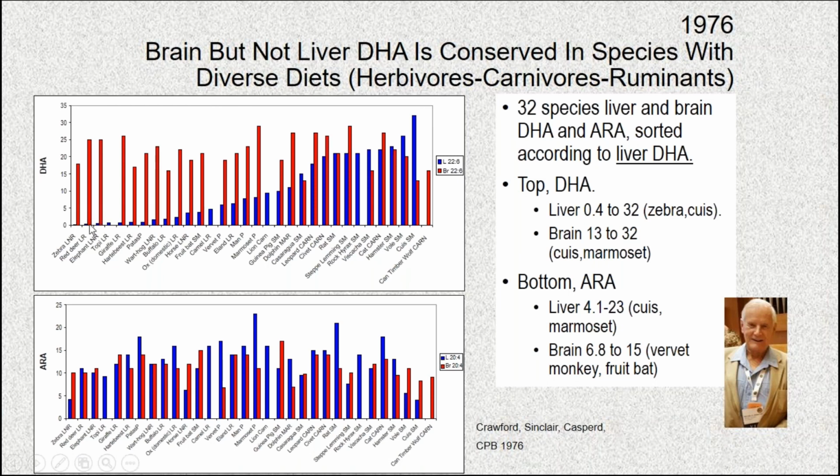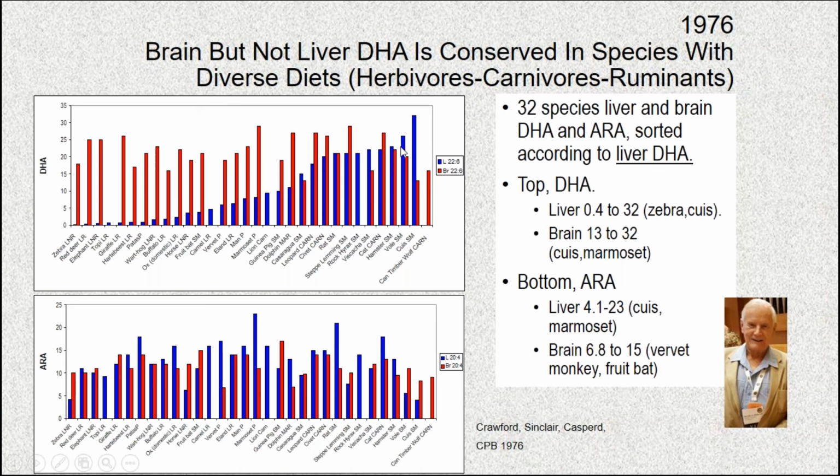For DHA, I plotted them in order of increasing amounts of DHA in the liver, those are the blue. But in the red is DHA in the brain. And what you see is that the DHA in the liver starts at very, very low levels for the zebra, for instance, and rises until you get up into much higher levels in what typically are carnivores like the cat, but not necessarily. There's a hamster right there.